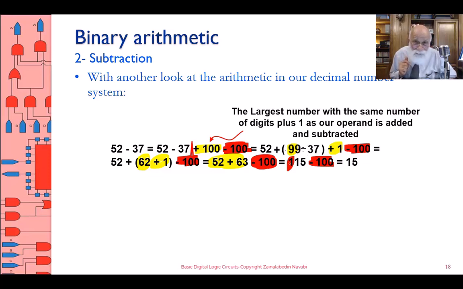So let's see what really happened here. What happened here was, instead of 52 minus 37, I added 52 plus 63, and ignoring the 100 and the 1 dropping and all that, adding 52 plus 63 gave me the result that I was expecting.